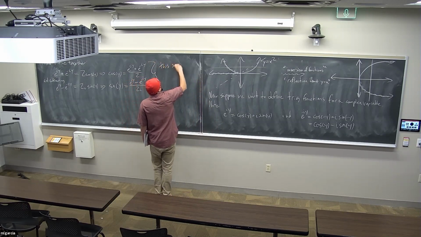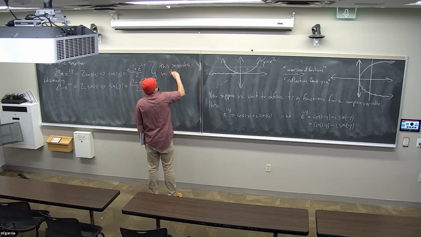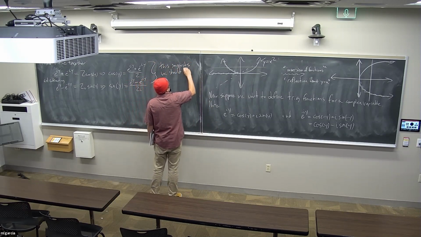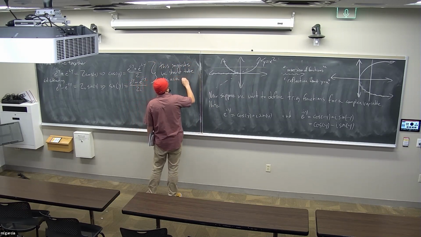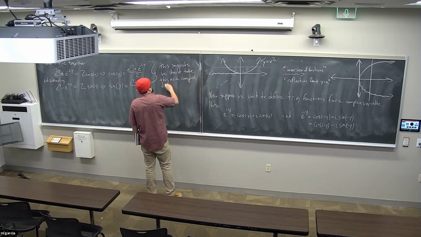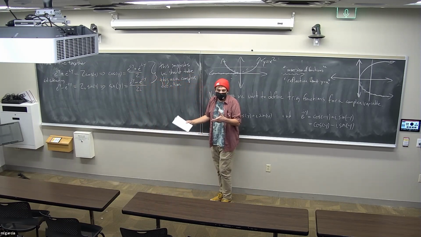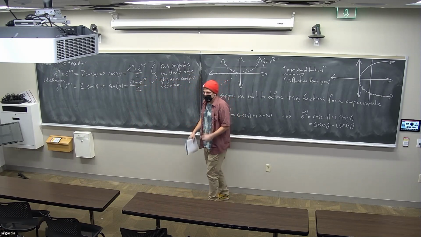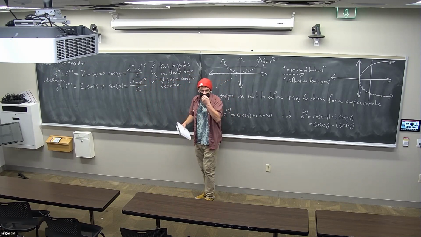This suggests we should take this as a complex definition. And we'll shortly see that this is the right choice. This makes sine and cosine of a complex number z satisfy the same differential equations that sine and cosine satisfy for real input.